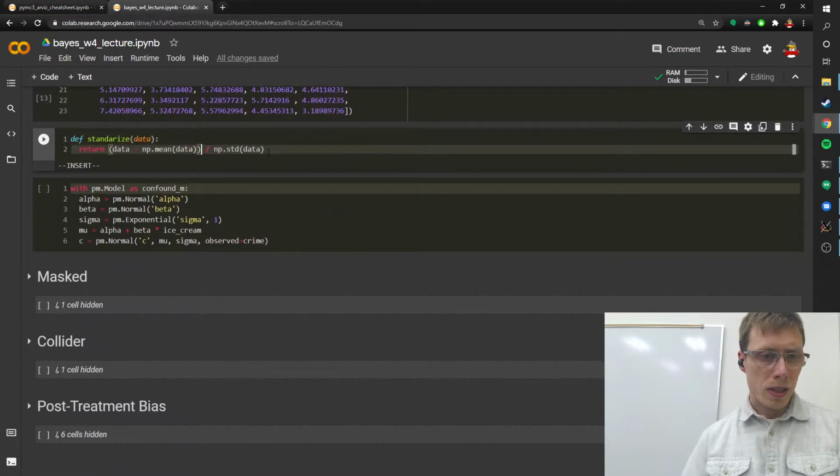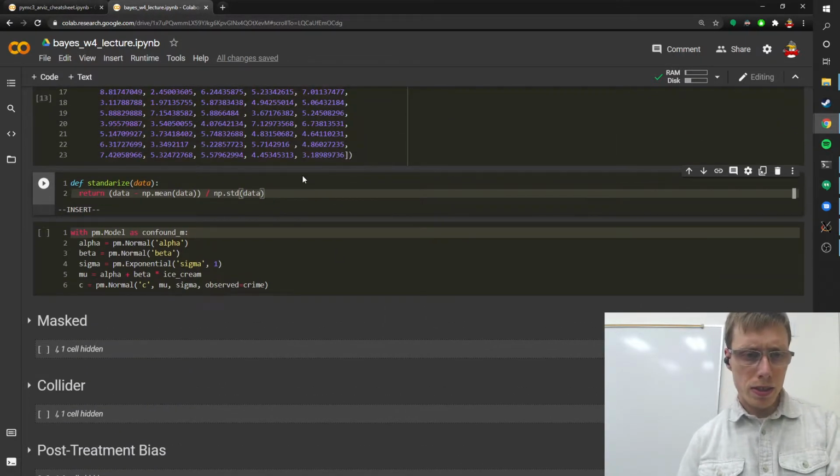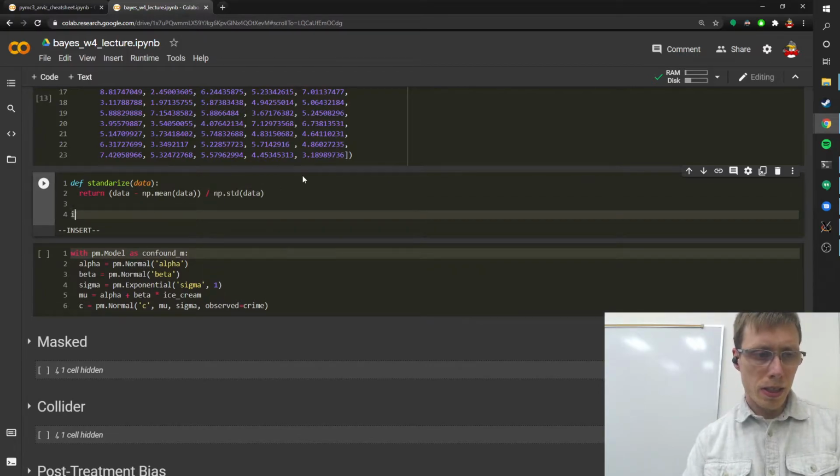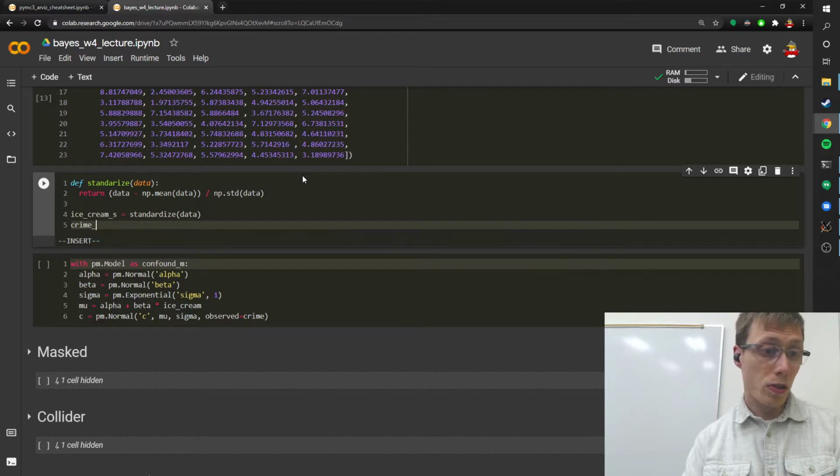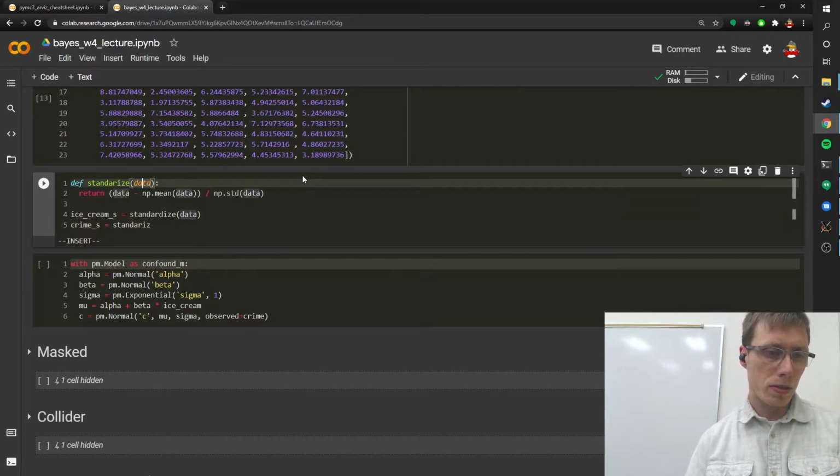That's useful. So now we have the standardization function, and now we can just say ice cream s equals standardize of the ice cream data, and then we'll also do it for the crime data. Standardize, and I of course wrote that wrong.